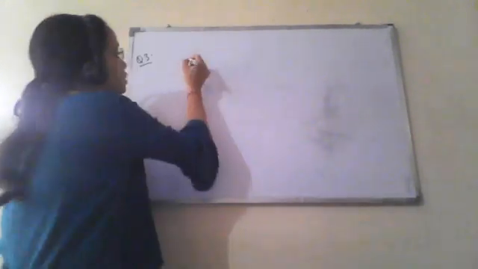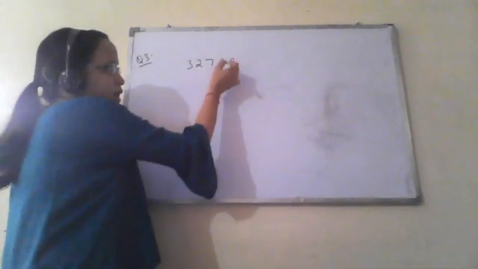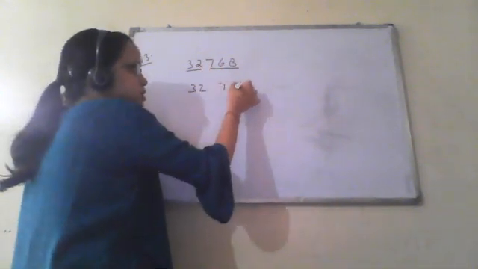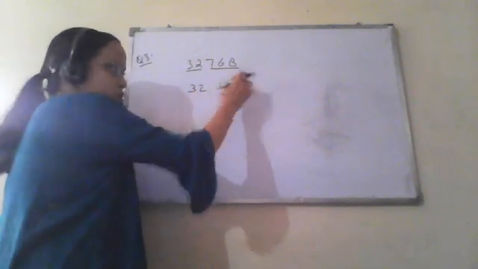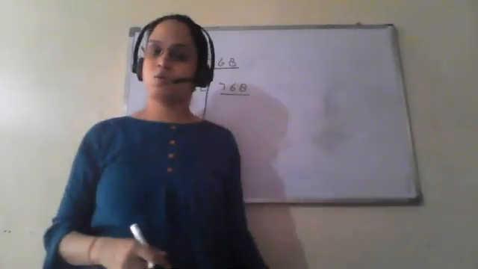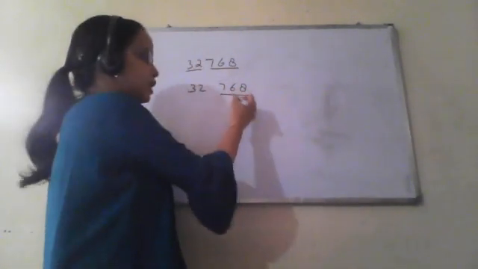Now the last part, this is 32768. Again a pair of 3, this is 32 and this is 768. What was the possibility of getting 8 at its unit place? It was 2, because the cube of 2 is 2 into 2 into 2. So we will write 2 for this.